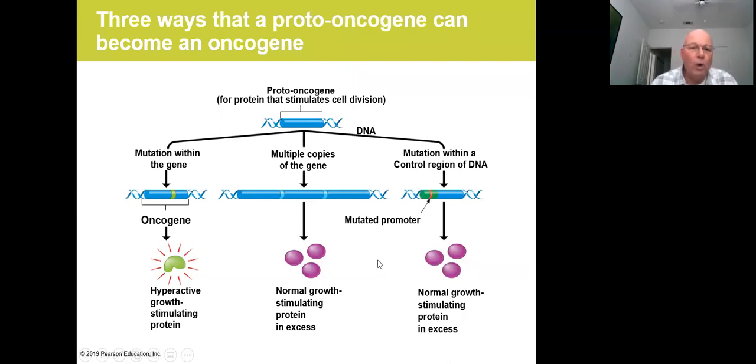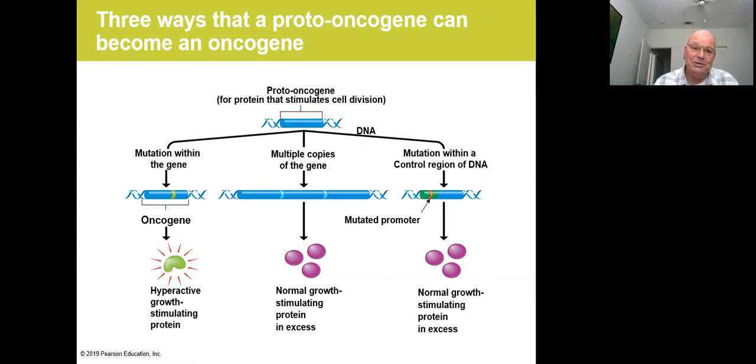So here's a way in which a gene could become an oncogene, go from proto-oncogene to oncogene. You simply get a mutation that changes it from its normal activity, which in this case is stimulating cell division, to a protein that overstimulates cell division.